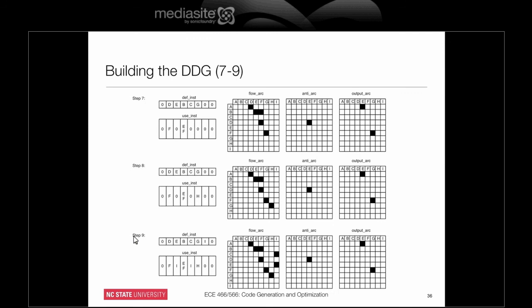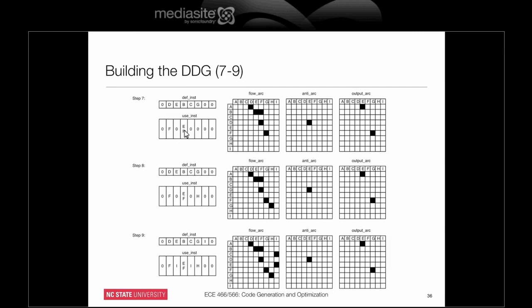One thing you'll see here is that as we add more instructions, the use list for these registers can fill up, and you can have multiple instructions in the use list. That means if we were ever to redefine R3, we'd have a lot of anti-dependencies, coming from E and F to whatever instruction defined R3.